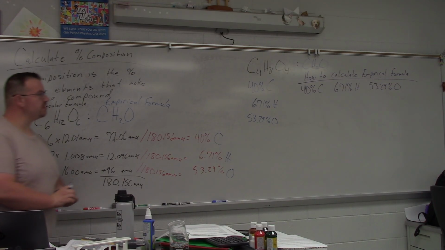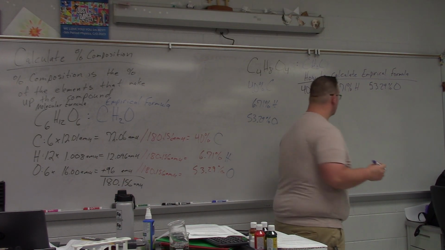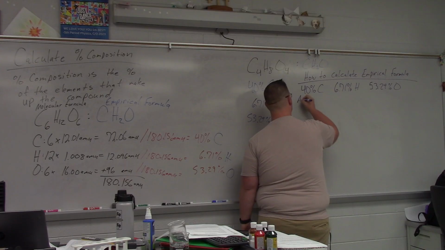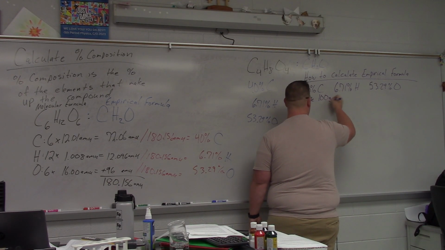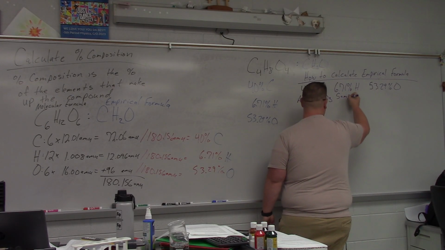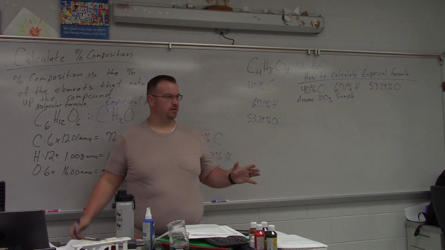What you have to do with it now is the most simplistic thing. You assume a 100 gram sample. Why in the world are you going to assume a 100 gram sample?